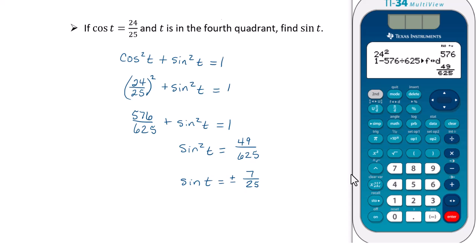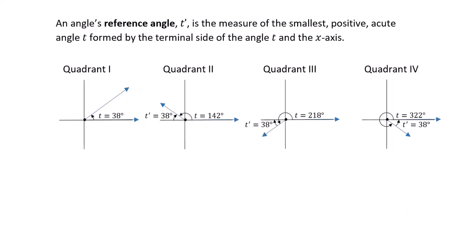Now I'm looking in the fourth quadrant. So if t is in the fourth quadrant down here, I know that my cosine is positive, but my sine is negative. This means I'm going to need to select the negative 7/25. So sine of t in the fourth quadrant is going to be negative 7/25.